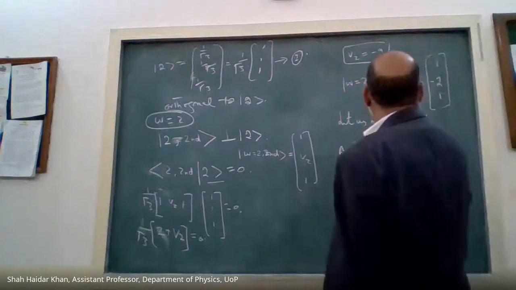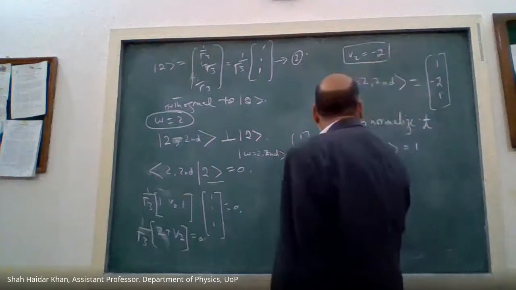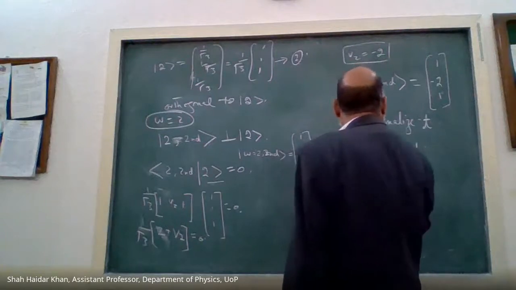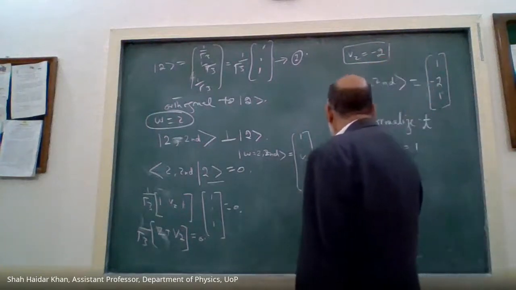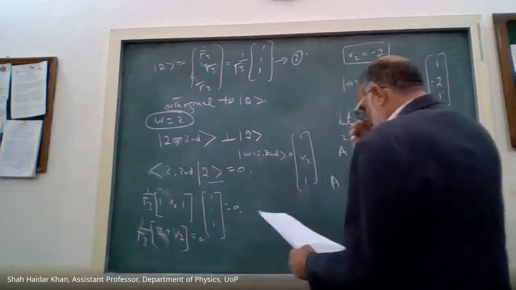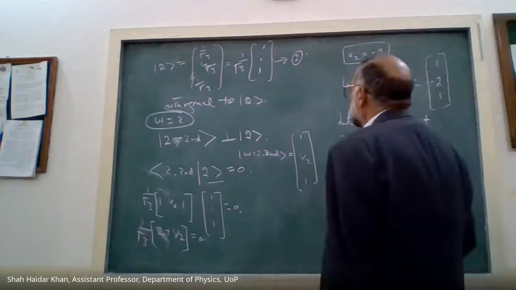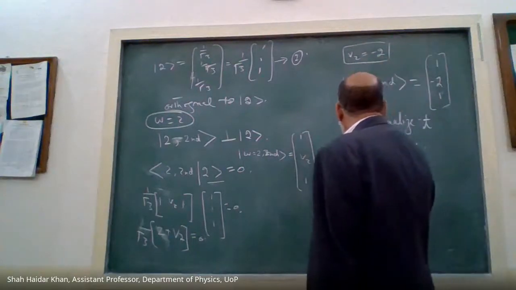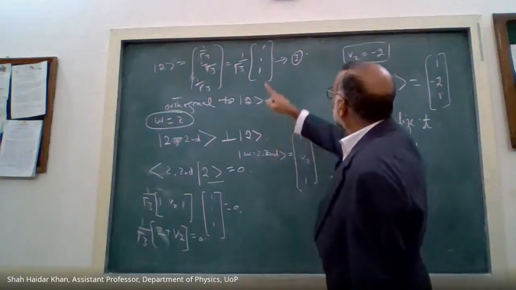So I will write this in the bra form with A squared, because A here. So it will be like this. Well, that's done.